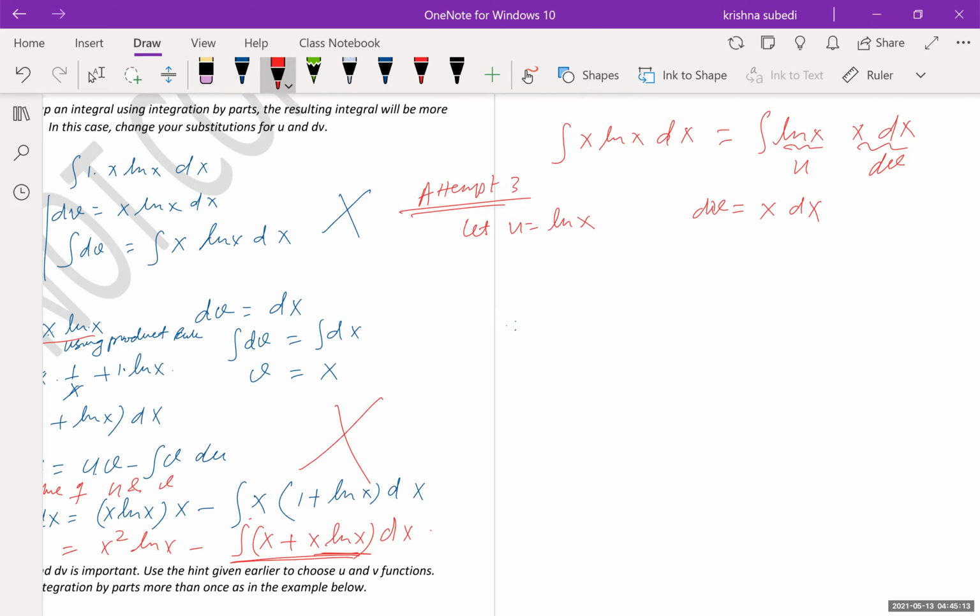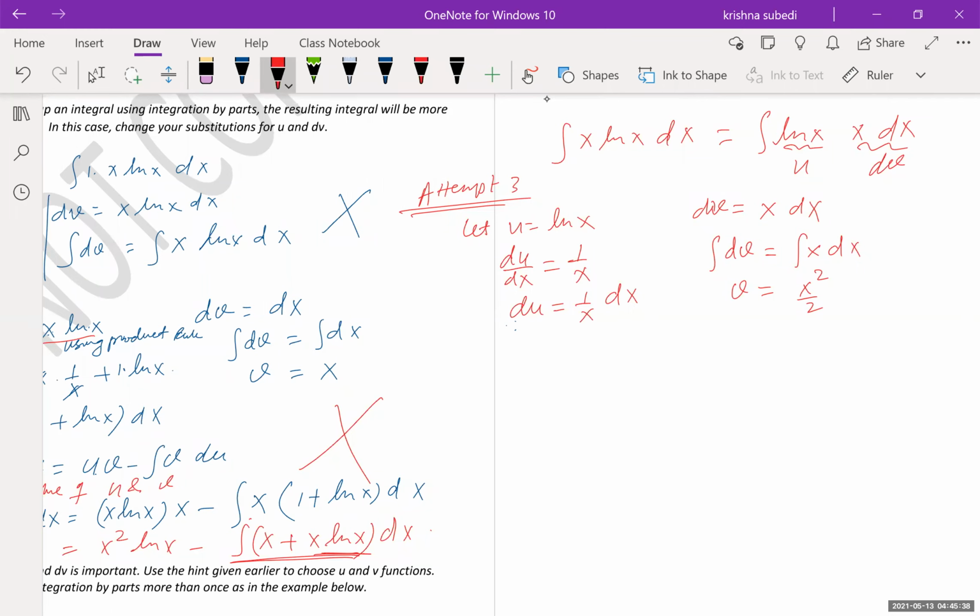Then in this case, your derivative du over dx is going to be, remember, for u, always find the derivative. It is 1 over x. So du equals 1 over x dx. Now, if you do the integration on this side, what you're going to get is v equals x squared over 2.